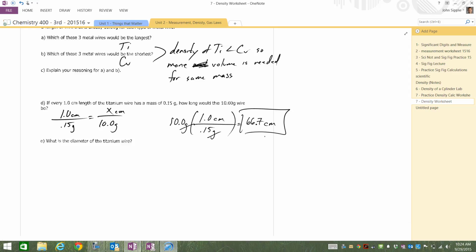Okay, sweet. All right, now this last one was a tough problem. It's a good problem here. So the diameter, I want to know what the diameter of the titanium wire is. Some of you guys might have come up with 2.2 for the diameter of the wire, right? The 2.2 goes to about right there.